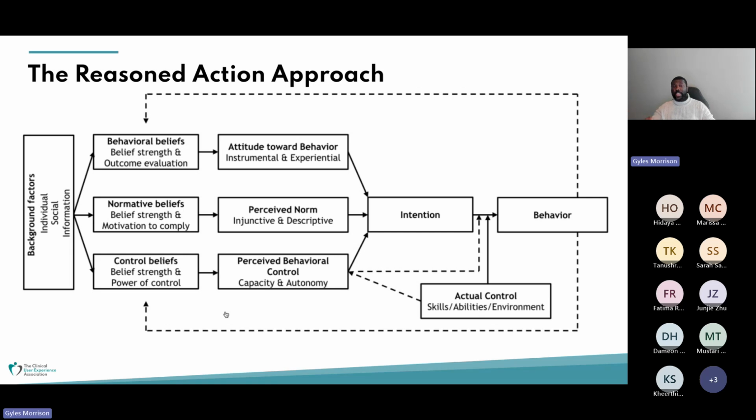So whether you think it's a good or a bad thing is only part of the reason why people go ahead with behaviors. It's what other people think, and also whether you even have the money, the time, the resources, the access to the fruit or veg that leads to someone actually having it. And that's what this reasoned action approach is really good at trying to break down and make you understand.